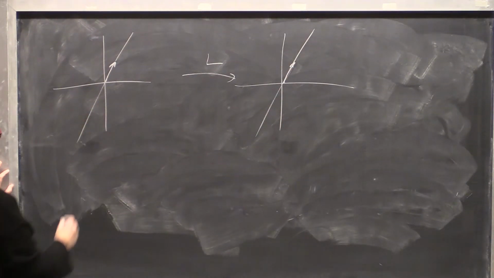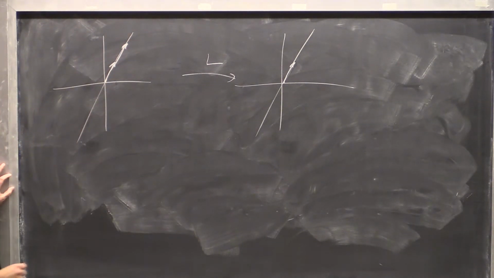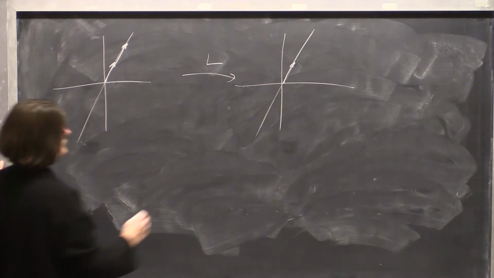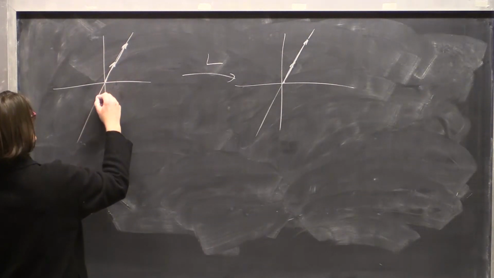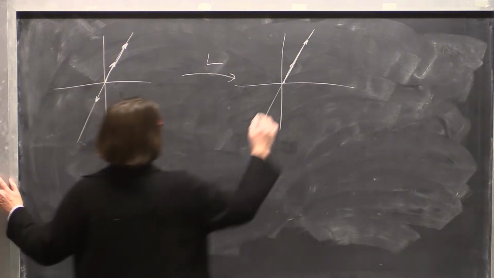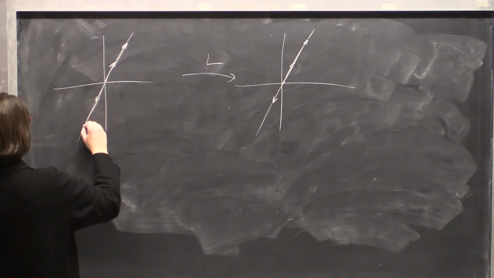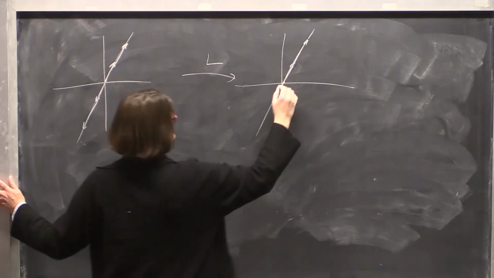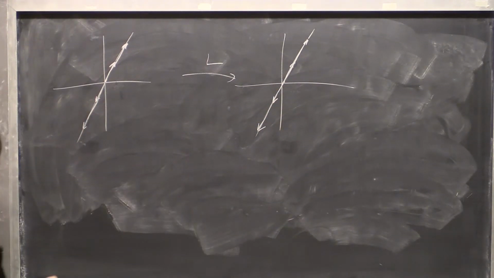If I take the vector (2, 4) and project it on the line, what do I get? The same, (2, 4). If I take the vector (minus 1, minus 2) and project it onto the line, it's the same. If I take (minus 3, minus 6), the same.